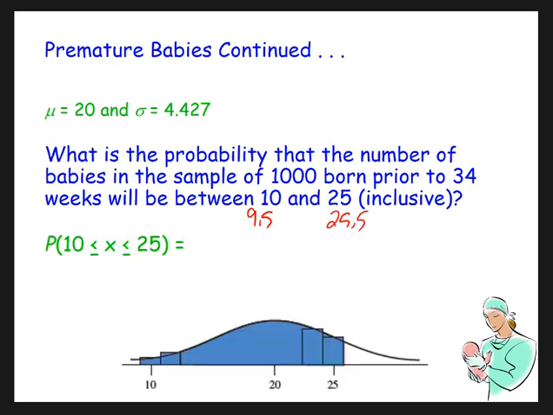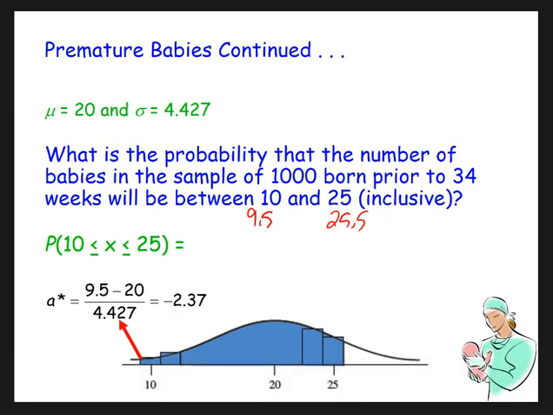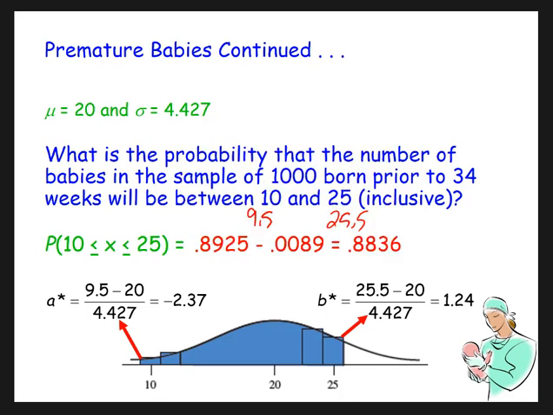So the probability is the normal probability of being between 9.5 and 25.5. If you're using the table, you find those z-scores, look them up, and subtract the probabilities. That gives us 0.8836, which is really close to the binomial probability in that case.